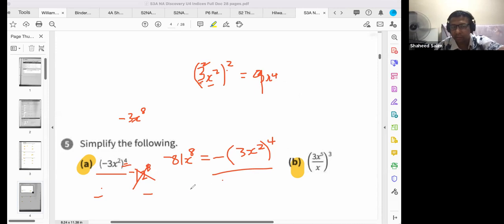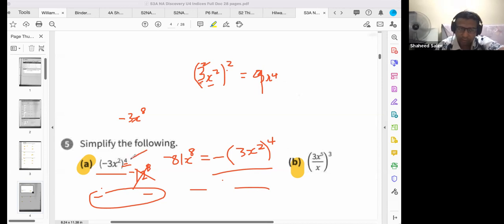So let's try this. Minus, minus, plus. Plus and minus, minus. Minus, minus again, plus. So your final will be plus. How do you know it will be plus? When this is even. If, let's say, this is to the power of 3, you're correct, it will be minus. Why? Let's say minus 1 times minus 1 times minus 1.